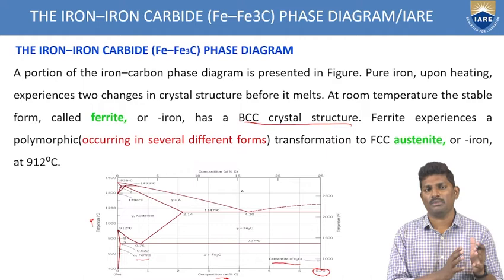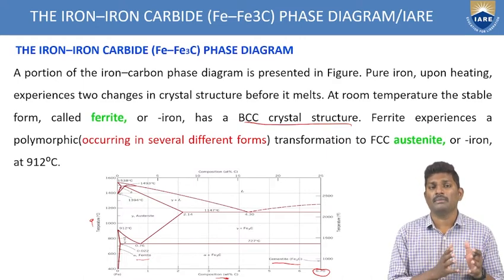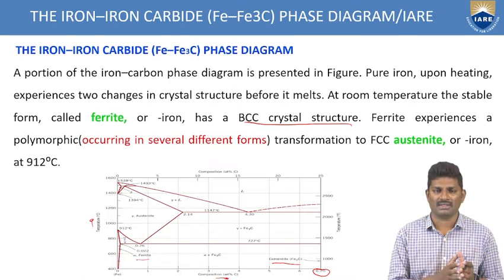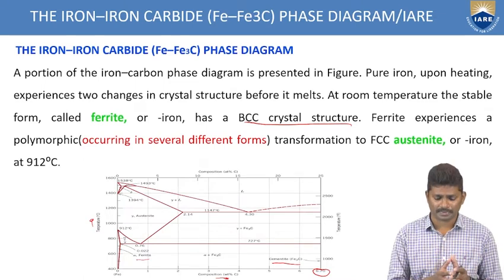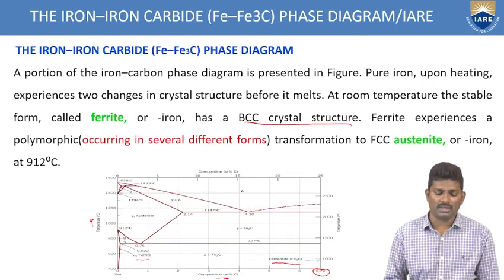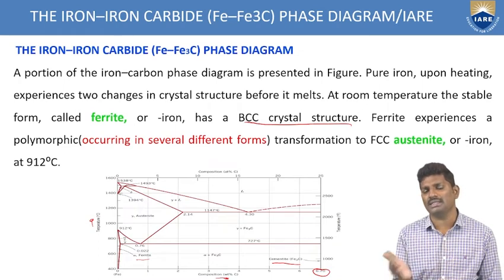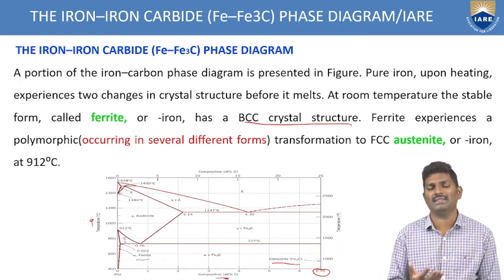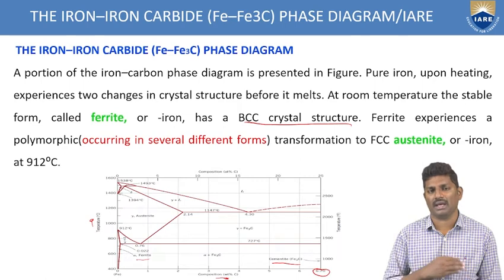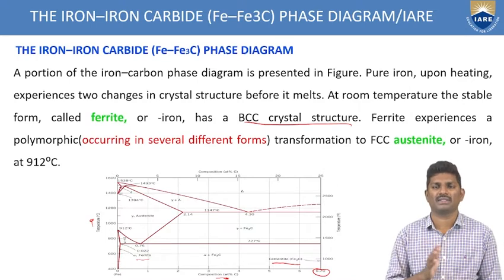So initially at room temperature, whatever iron or ferrite we have, it has a BCC crystal structure. Now ferrite experiences polymorphous transformation. Polymorphous means occurring in several different forms. That means it is changing. Once you start heating the iron or the ferrite, slowly it changes its polymorphic crystal structure.